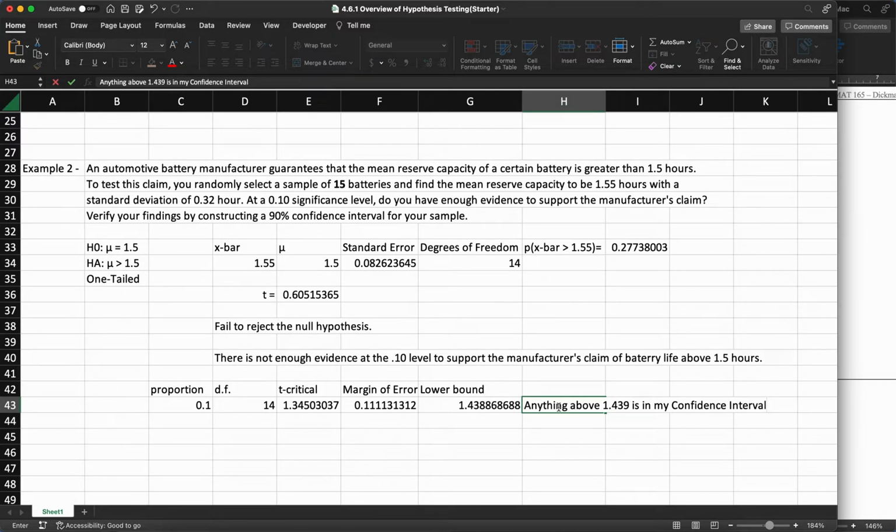And we're checking, is mu in that interval? Well, yeah, it is. 1.5 is greater than 1.439. So this confirms we should fail to reject the null hypothesis since mu is contained in our confidence interval.